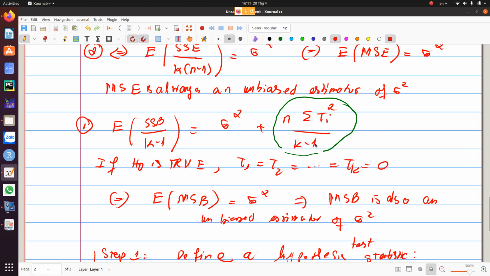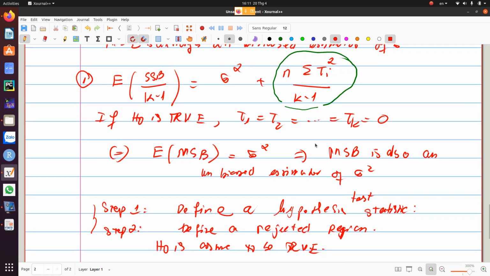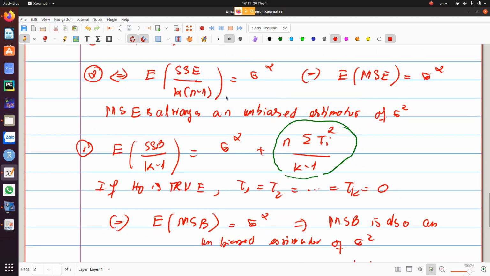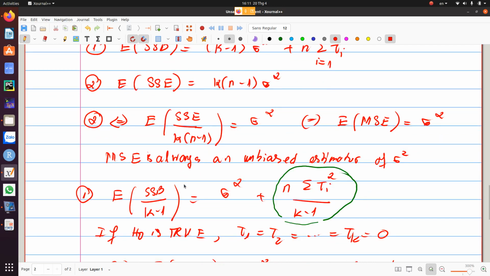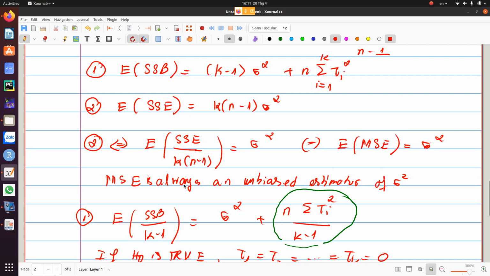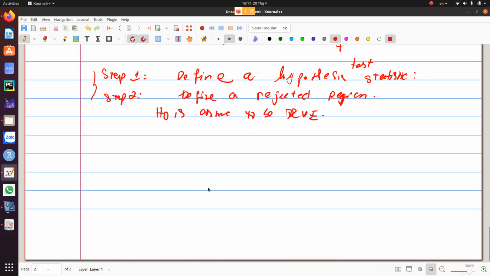We reject H0 means that there is an effect between treatments. The between-treatment variability is indicated by SSB, and the average will be MSB. So we want MSB to be as large as possible, and we want MSE to be as small as possible, right?